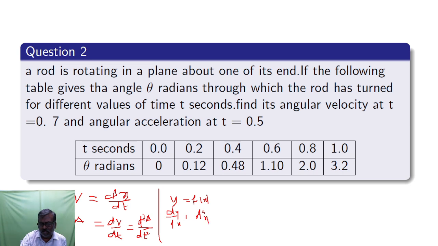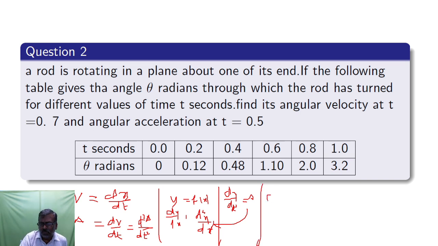Next, consider the dy by dx value to be 0. From dy by dx equal to 0, we can find some x values. Substitute those x values in the second order derivative to find whether the function is maximum or minimum.